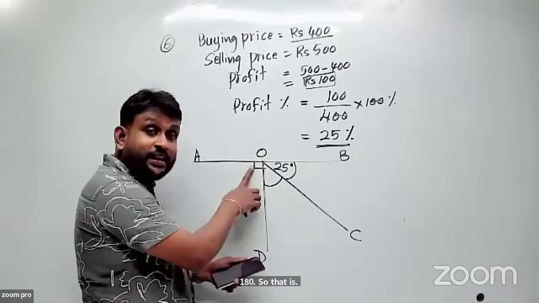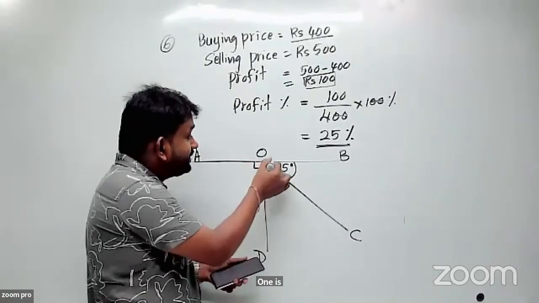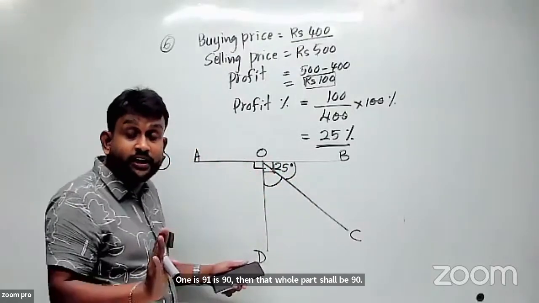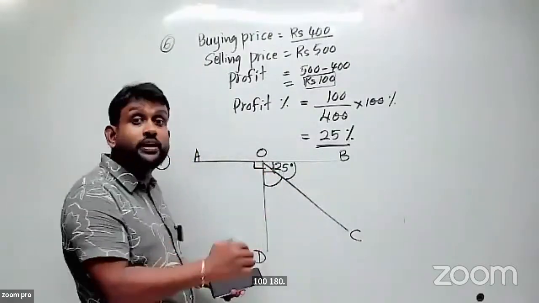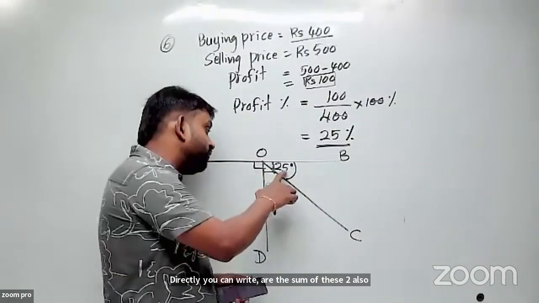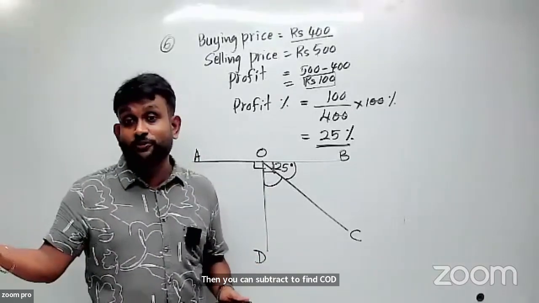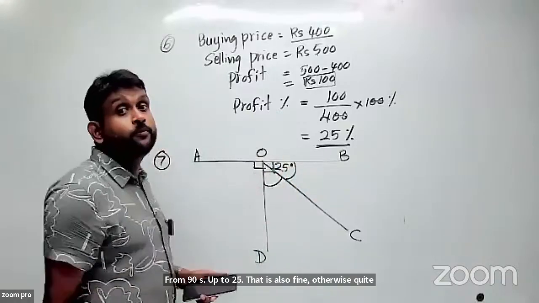One is 90 easily. Then the whole remaining part shall be 90, because both sum to 180. So directly you can write that the sum of these two is also 90. Then you can subtract to find COD: from 90 subtract 25. That is also fine. Otherwise, write the sum of these three equal to 180.